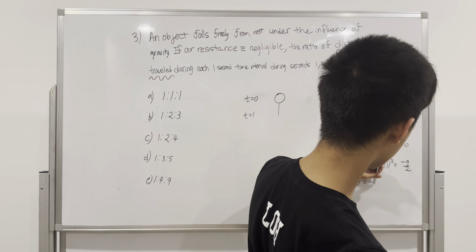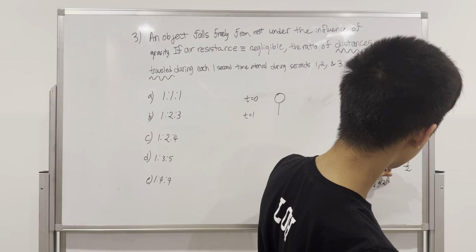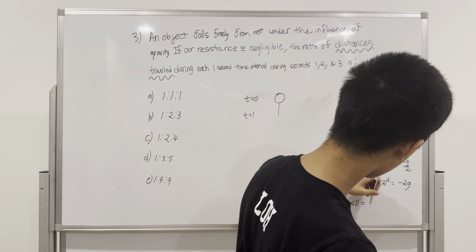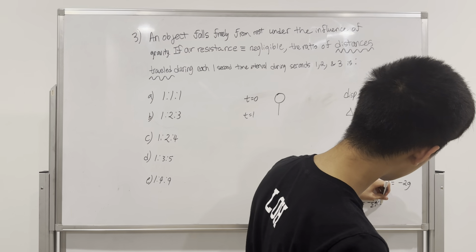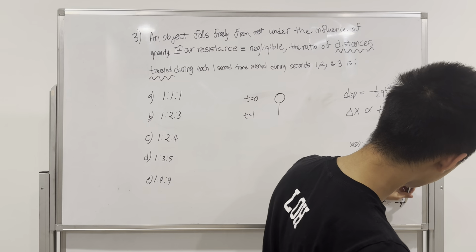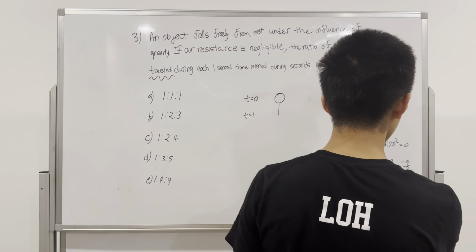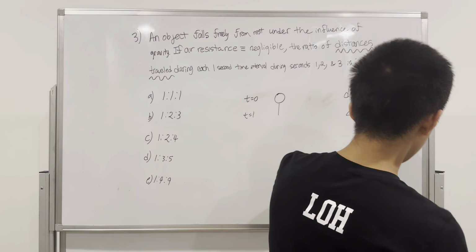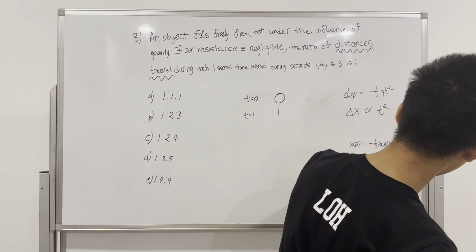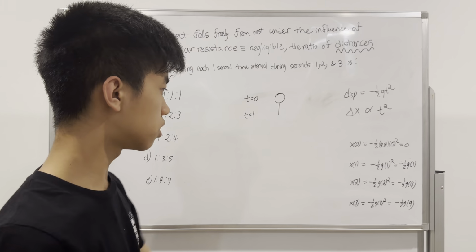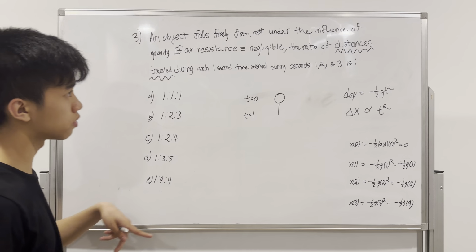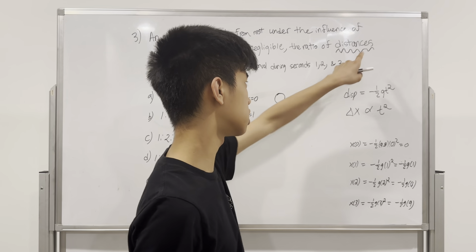Then x of 2 is negative 1/2 g times 2 squared, negative 2g. x of 3 is negative 1/2 g times 3 squared, negative 1/2 g times 9. Or, in other words, negative 1/2 g times 1, negative 1/2 g times 4. So, given you have 1 to 4 to 9, it would be this one if it weren't for the wording of this question, which is distances.